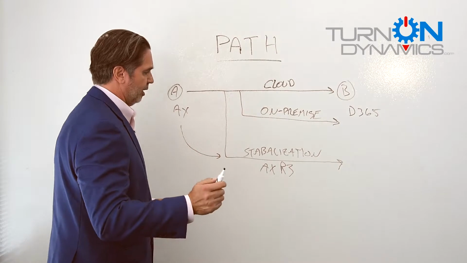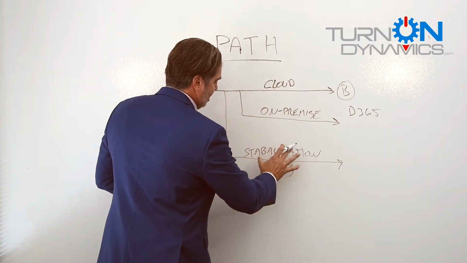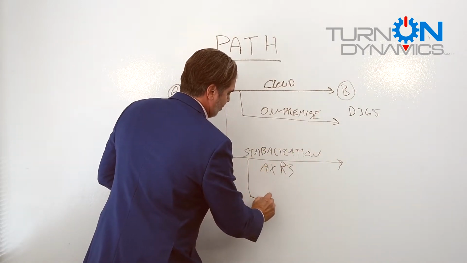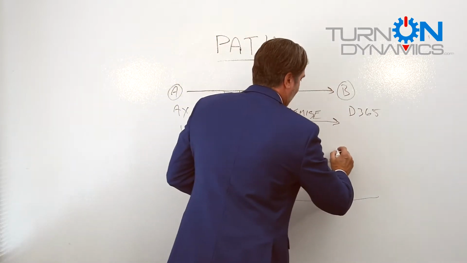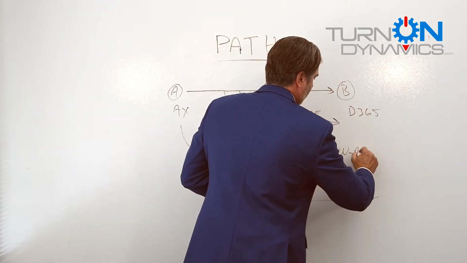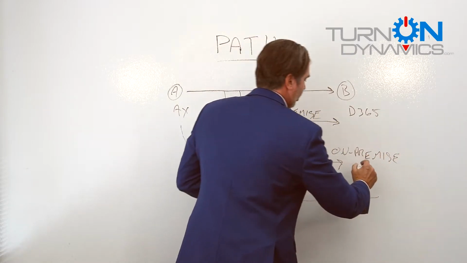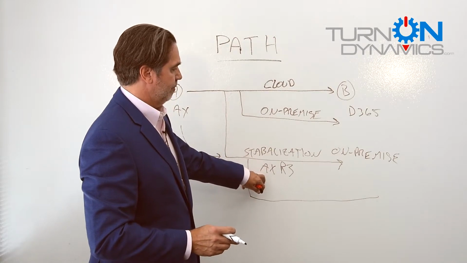Now, the other thing that I thought was kind of interesting was companies that decided on a stabilization also had this option of, hey, what are we going to do? Are we going to stabilize on-premise with our existing hardware? Or are we going to do an upgrade to our hardware because the requirements of R3 were greater?